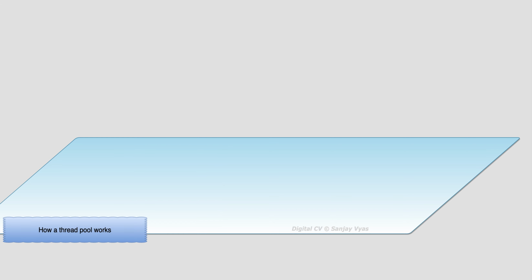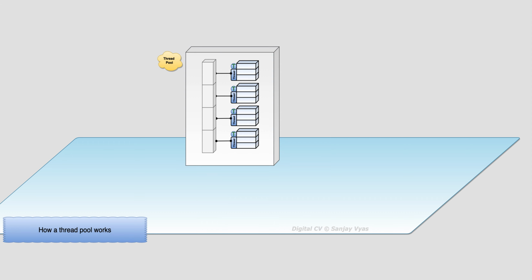So how does a thread pool work? When our application starts, it gets a ready-made thread pool with a certain number of threads in it. Remember, they are only created, they are not executing.